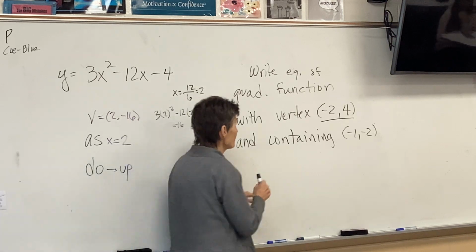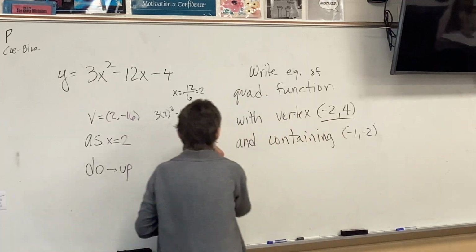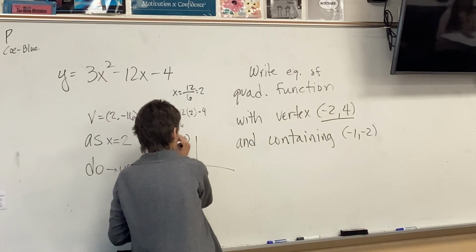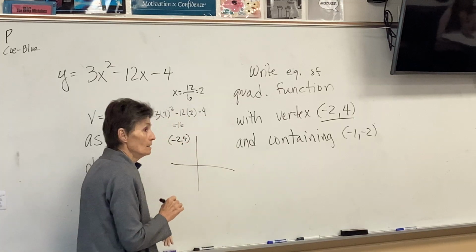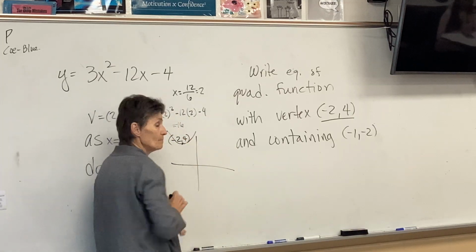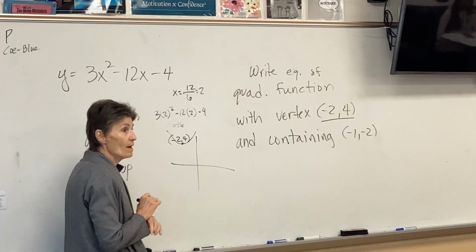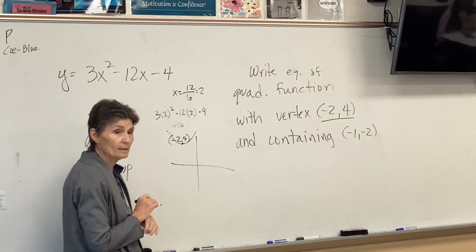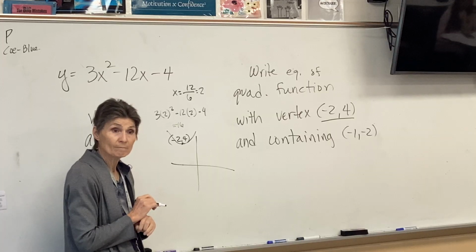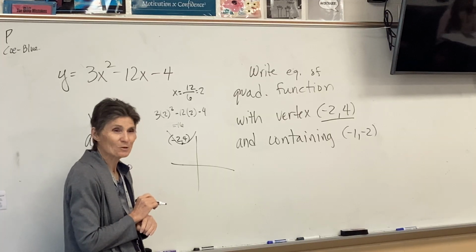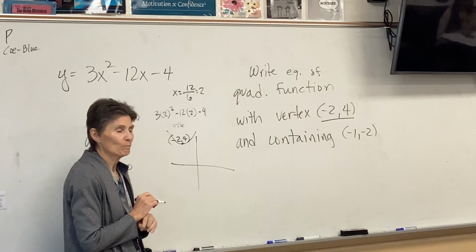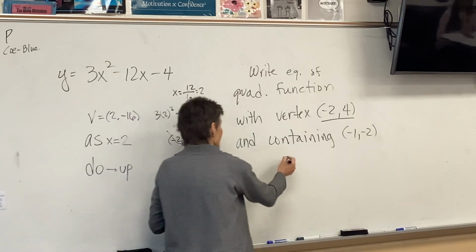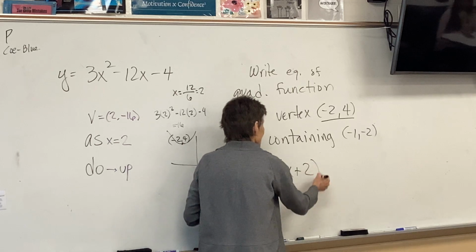If we know the vertex, think about that for a second. We know the vertex is negative 2, 4. Doesn't that mean that we have shifted our parabola 2 units to the left? And if we moved it 2 units to the left, then in the equation, doesn't it look like this?